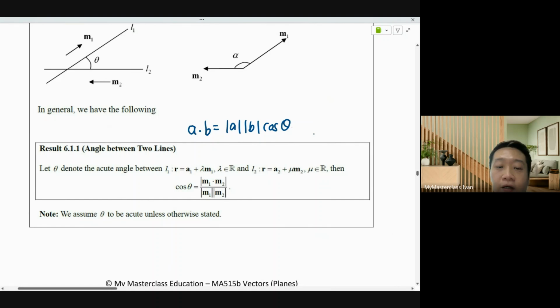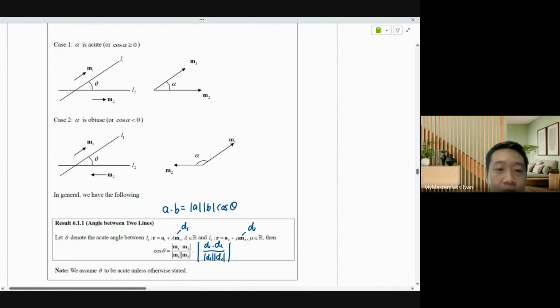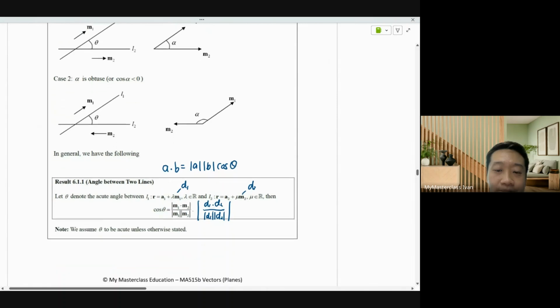So if I have two lines, D1 and D2, then cosine theta is equal to d1 dot d2 over magnitude of d1, magnitude of d2, and then a modulus on the outside, because two lines will always intersect at the acute angle.